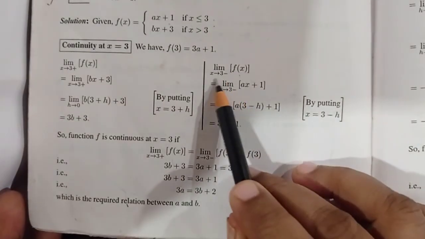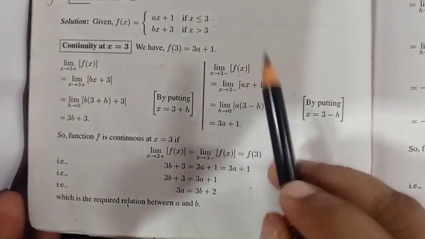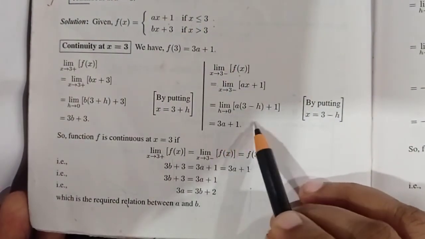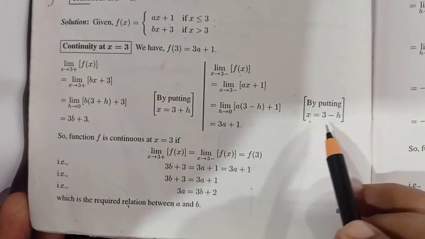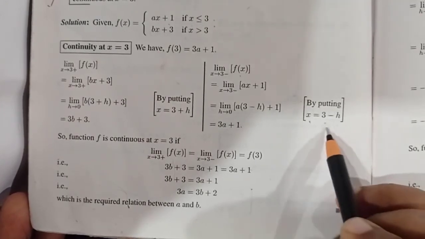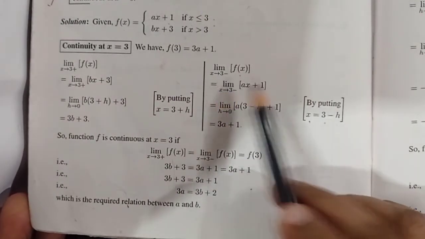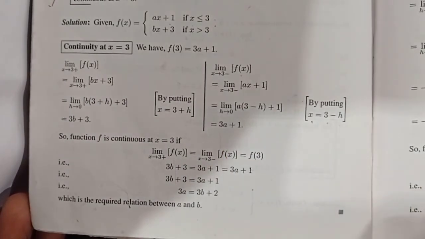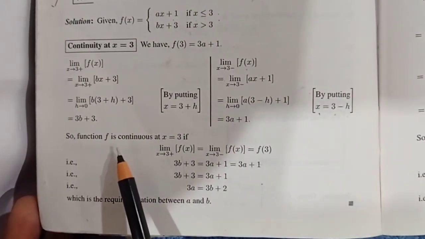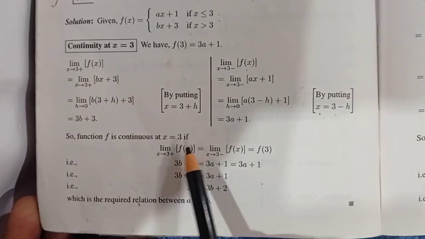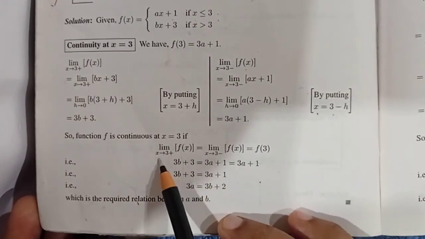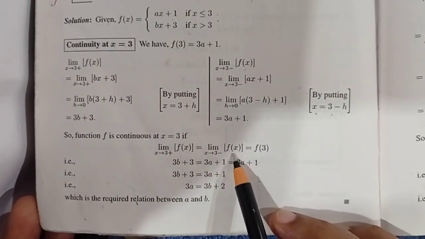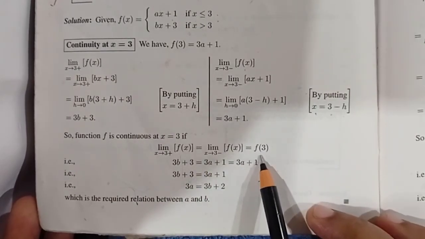Then limit x tends to 3 minus f(x) means 3 minus, in the first line. There you put x equal to 3 minus h. Therefore, the answer is 3a plus 1. Now, since the function is continuous at x equal to 3, limit x tends to 3 plus f(x) equals limit x tends to 3 minus f(x) equals f of 3.